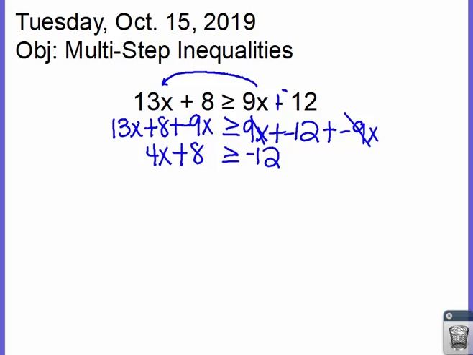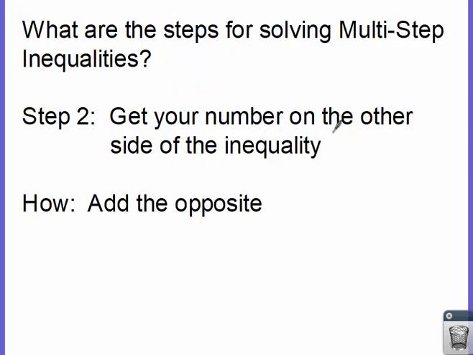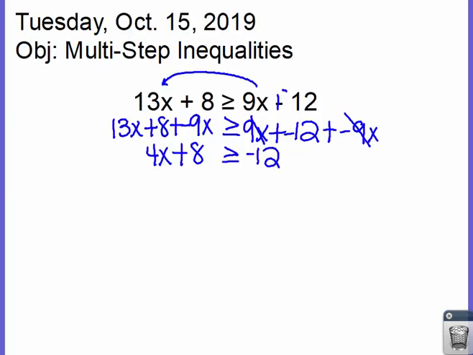So step 2 tells me I need to get the numbers to the other side of the inequality. So I need to move my 8 to the right side. So I will do that by adding the opposite. So I have 4x plus 8. And the opposite of positive 8 is, correct, negative 8.